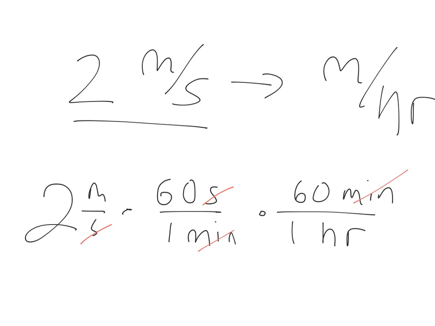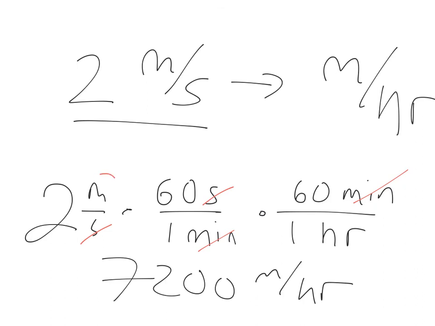And of course, my speed in meters per second becomes 7,200 meters an hour, 7.2 kilometers an hour. So you can see that that's going to work out for us too. Because of course when I multiply it through, my meters stay the same. All the other units cancel out. I'm left with an hour in this denominator here. So I get 2 times the numbers to get 7,200. Meters is the top of my unit, hour in the bottom. Cool.